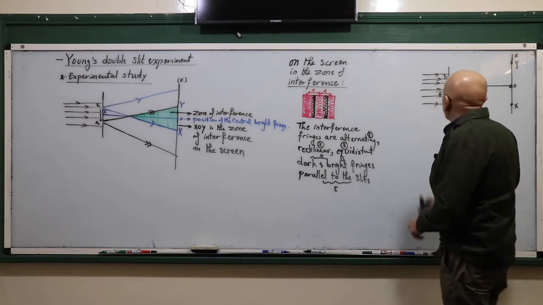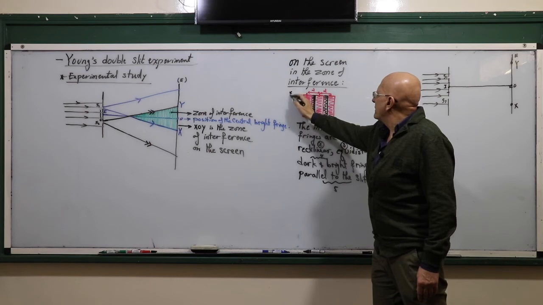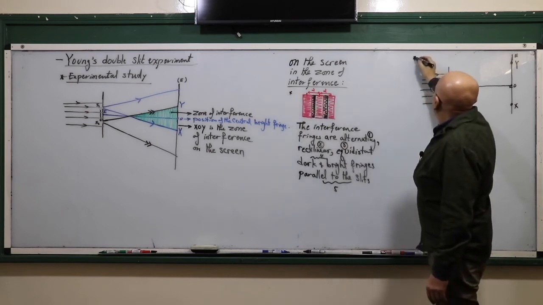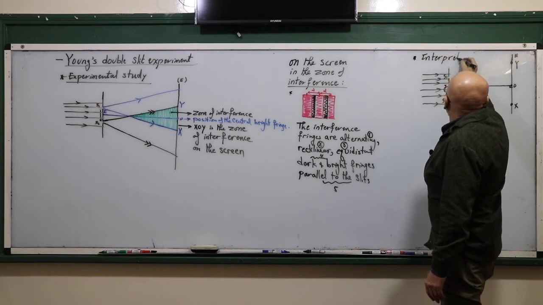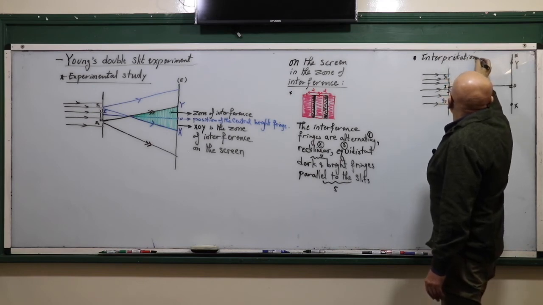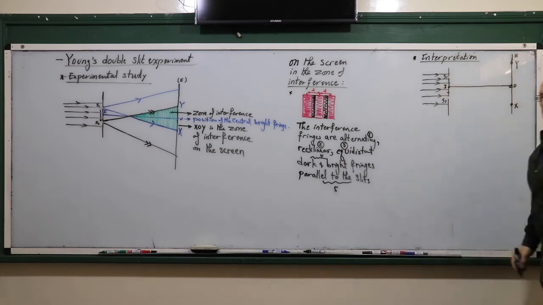So, interpretation here. I am going to choose a point P within the zone of interference.